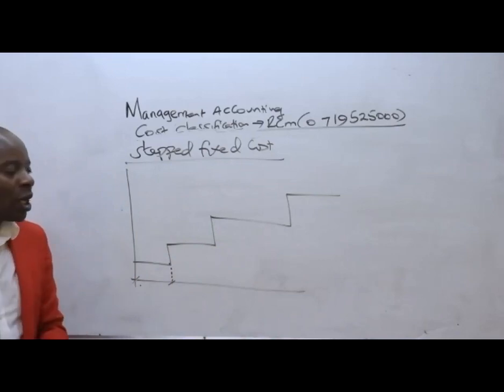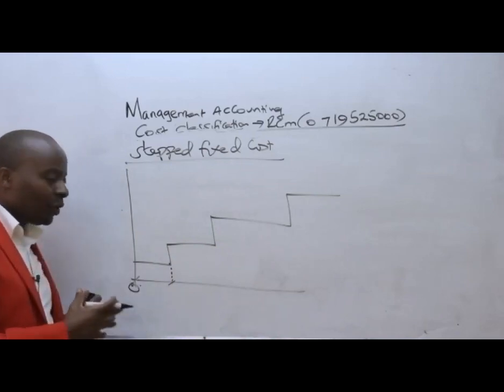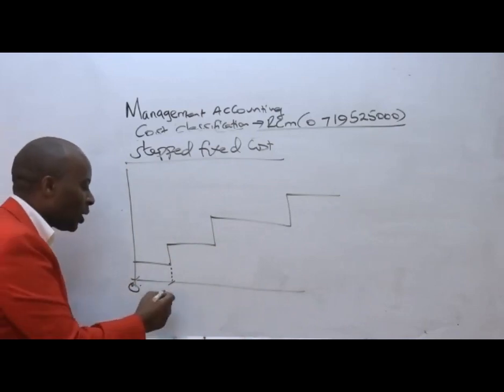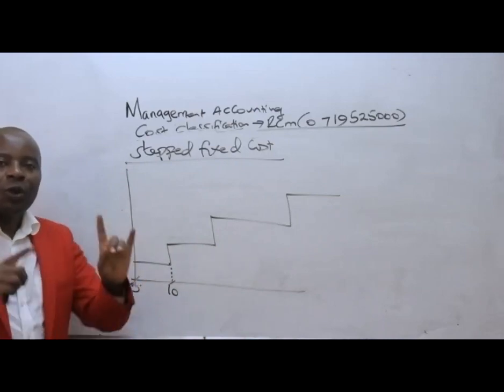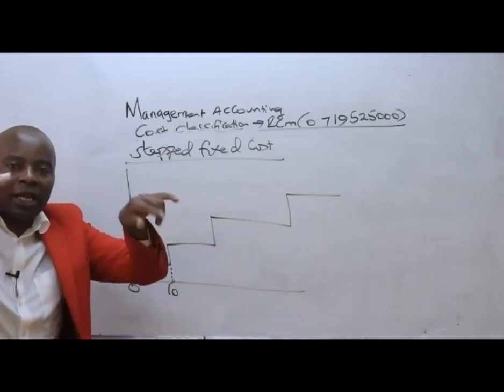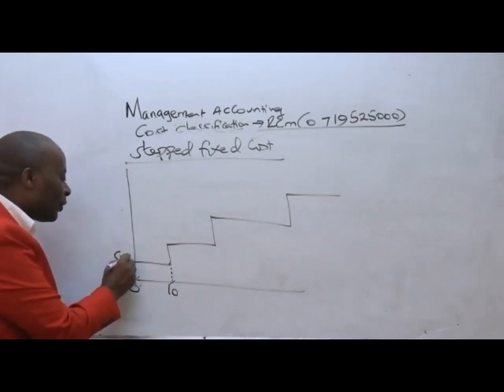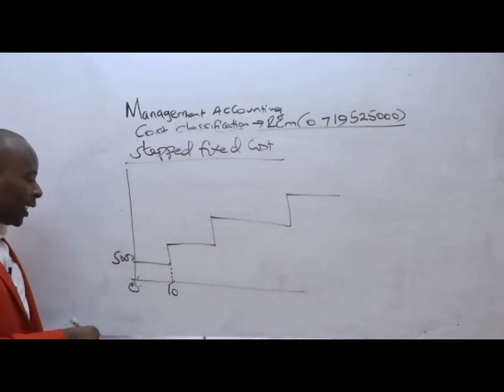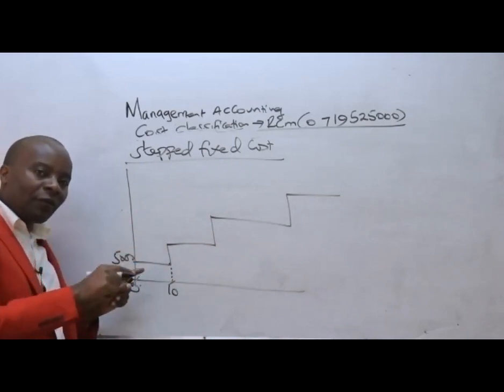For instance, we could have a very good scenario with our landlord, where we tell our landlord that for the first 10 students that we're going to have, we only need one small room like this, where you're going to be charging us, for example, 5,000 Kenya shillings. Meaning that for this range, I'll be constantly paying on a monthly basis 5,000 shillings.